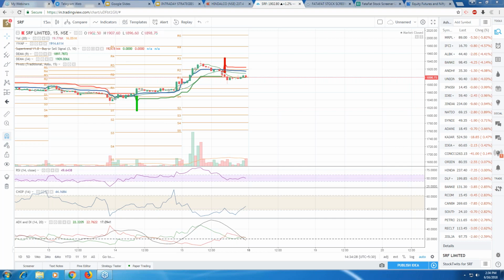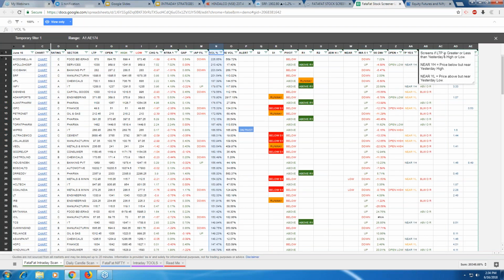If you see here the Fatafat screener also, it gives you the time when the stock is near yesterday's high, near yesterday's low. It says that LTP is greater than or less than yesterday's high or low.